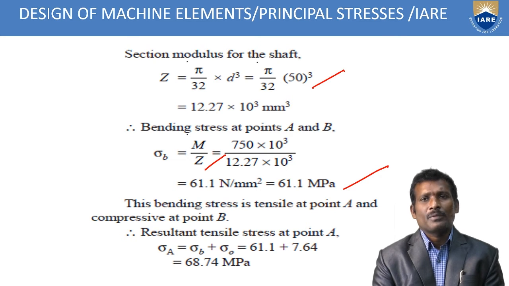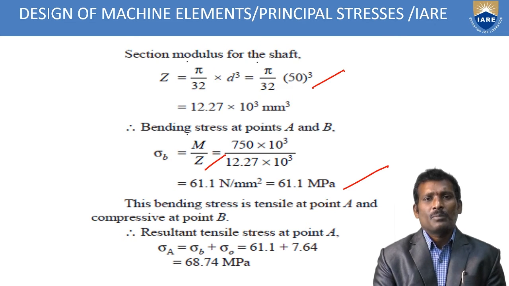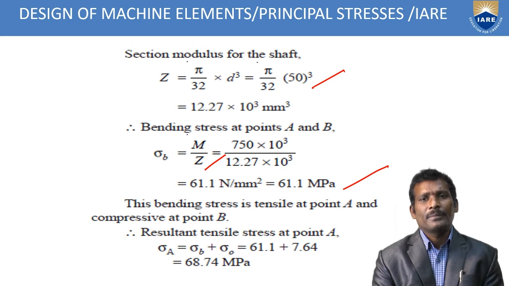So always the upper portion of the shaft is tensile, and the nature of the load in the bending stress at point B is compressive. So what is the total resultant tensile stress at A and B?